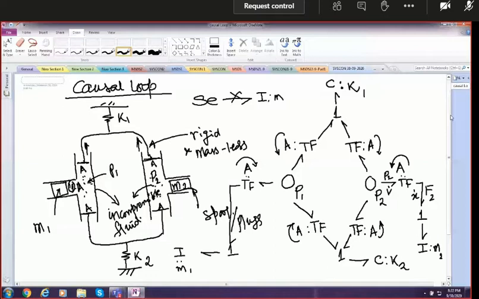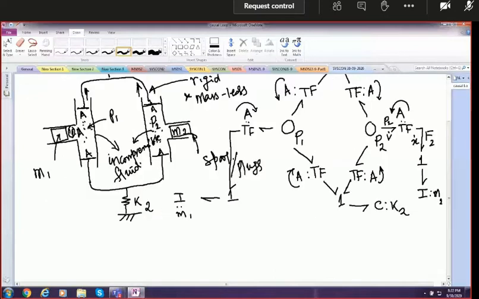Sir, if we try to reduce this model, will the one junction between I and the transformer be removed or not? Which one? One junction? No, no. Between transformer and I, you cannot reduce the one junction.